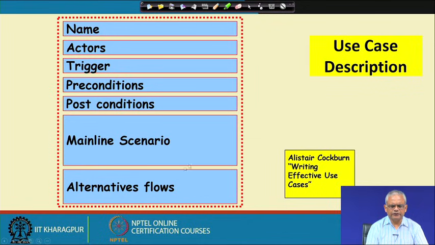This is a good way to document a use case, but it is not compulsory that we need to document always like this. We can deviate from it a little bit. The companies have their internal standards where they might enforce the same one, or they might have small deviations from this, but this is more or less the way the use case documentation is done.